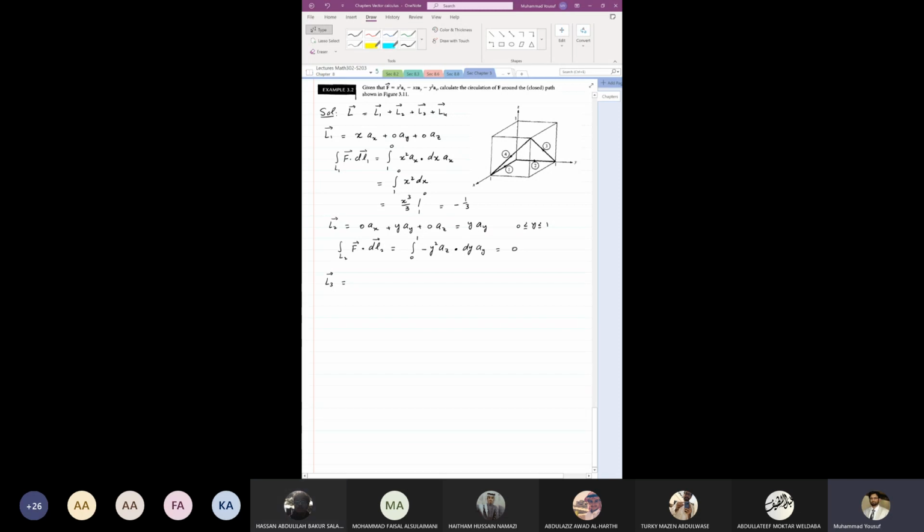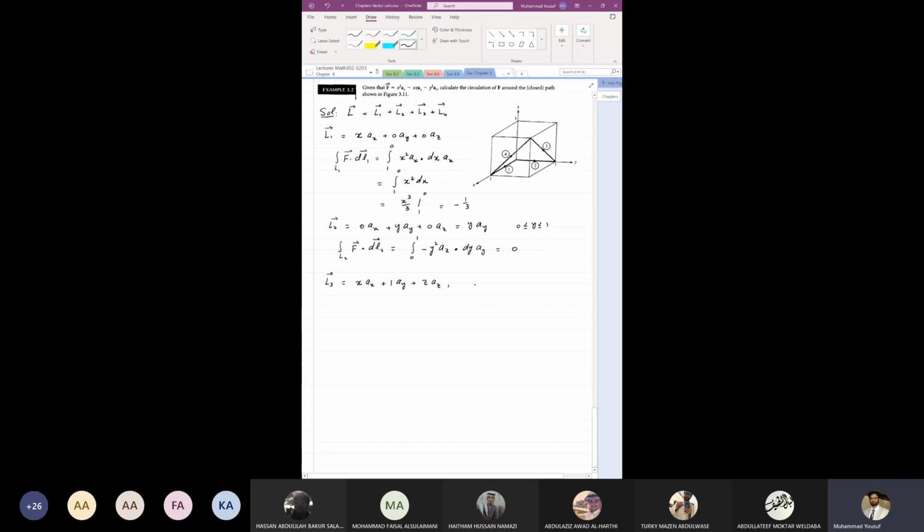Now line 3, this is an interesting line. On line 3, x is changing, so we have x ax. y is 1, ay. x is a variable coming from 0 to 1, y is equal to 1, and z is also variable.